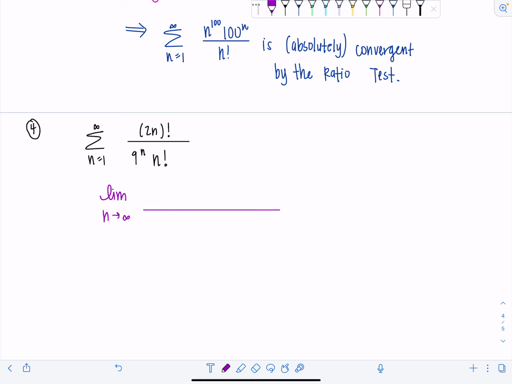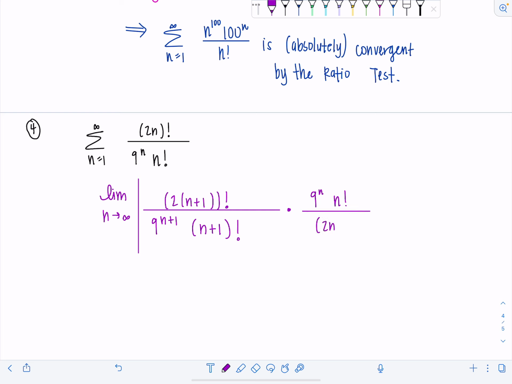I'm going to put n plus 1 in parentheses here, okay, and not skip any steps so I don't mess this up. And then in the denominator, I'm going to have 9 to the n plus 1 times n plus 1 factorial. So that's a(n plus 1) times, I'll put the absolute values for now, we'll have 9 to the n times n factorial over 2n factorial.